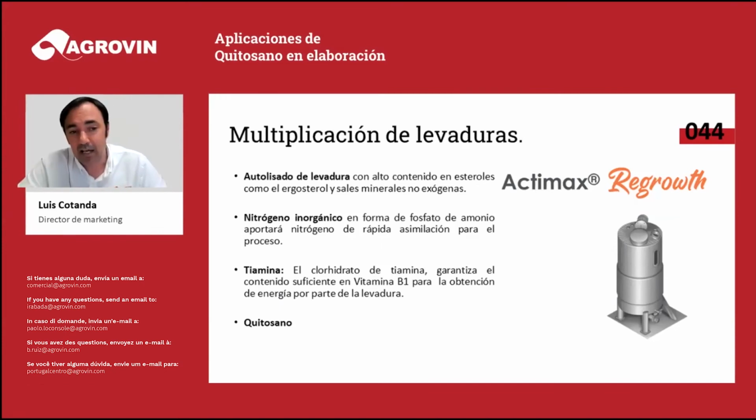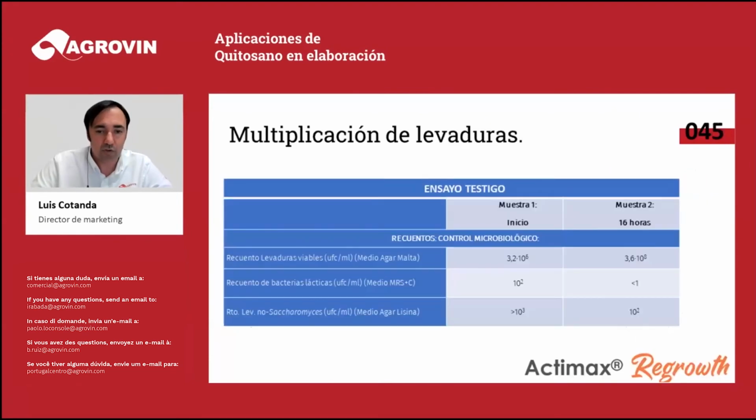Then we also added inorganic nitrogen as ammonium phosphate, and also thiamine, which guarantees enough content of vitamin B1 so that the yeasts can get their energy. And then we added fungal chitosan.